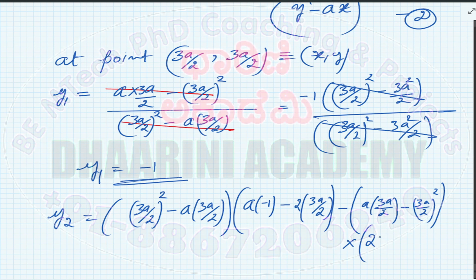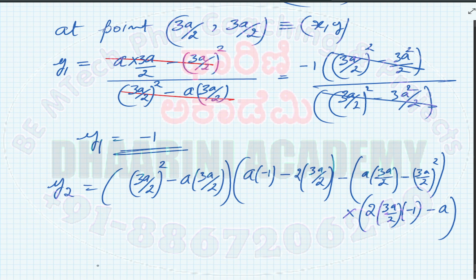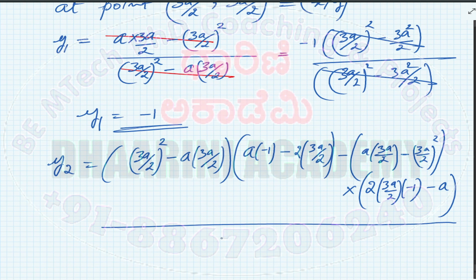So this is 2, y is 3a by 2 into y1 is minus 1. Okay, minus a. This is the numerator part, whole divided by the denominator to this term, that is y square. Y square in the sense I am supposed to write 3a by 2 the whole square minus a into x, a into 3a by 2 the whole square.